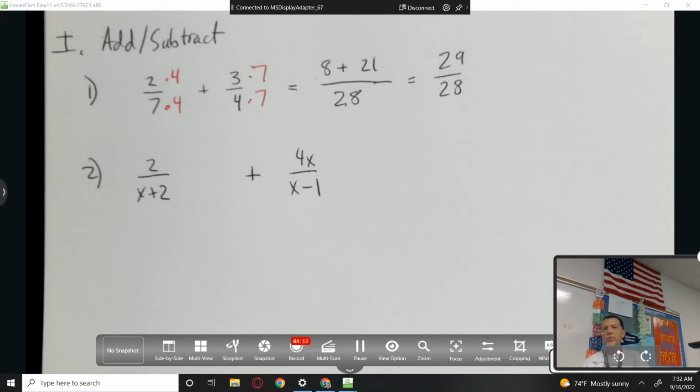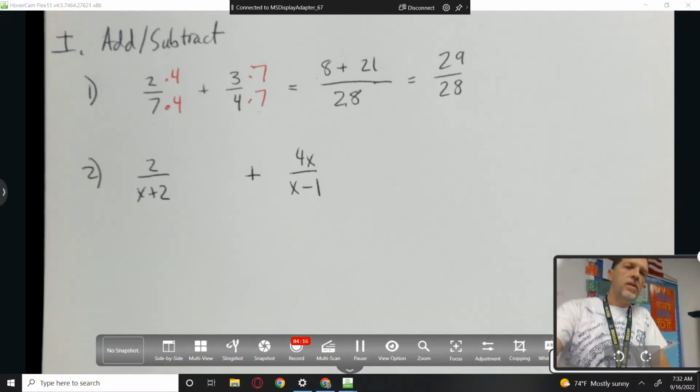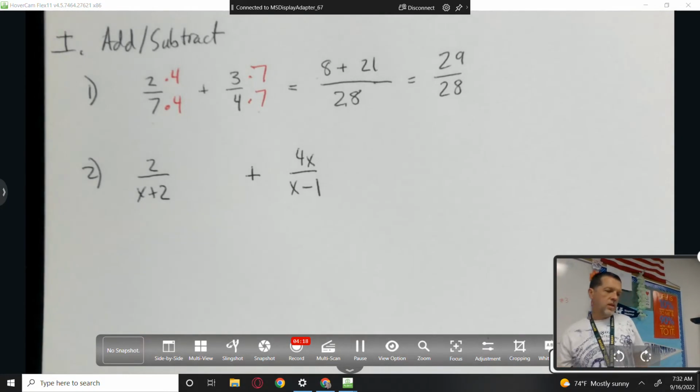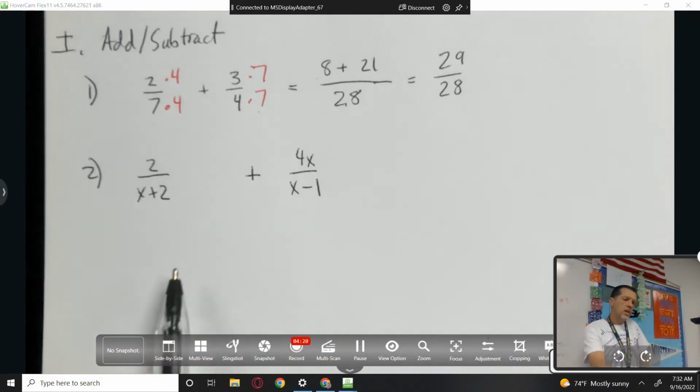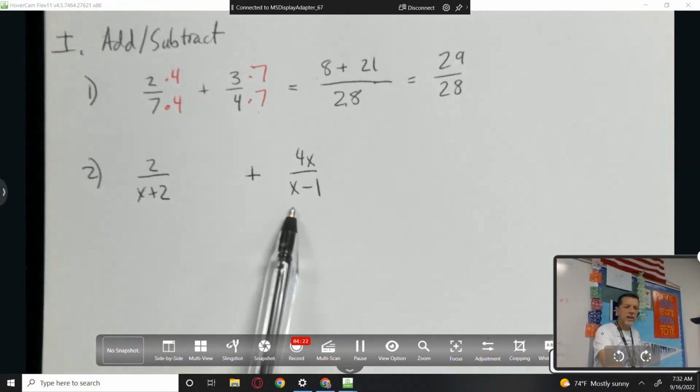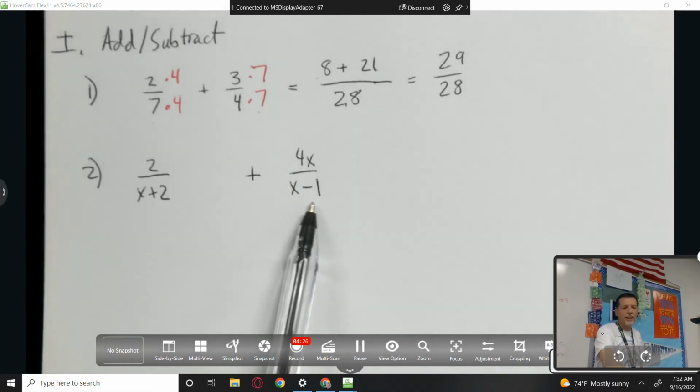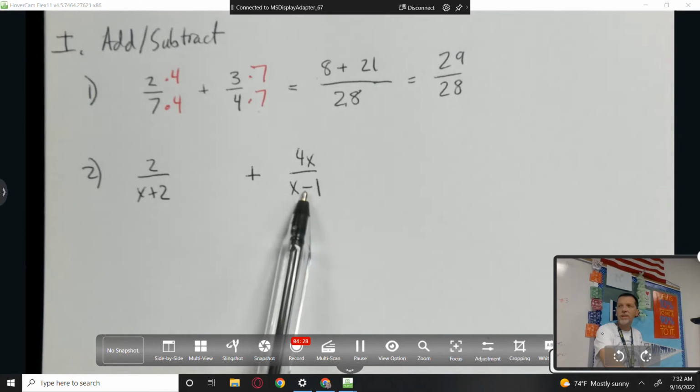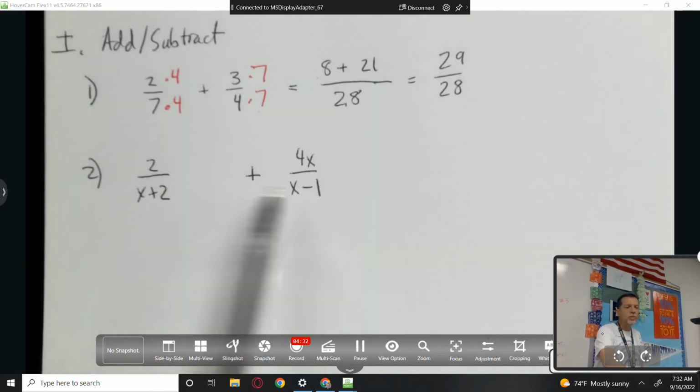So how do we make these denominators match? Multiply. You're right, I multiply. I can't do any adding. Like I can't add 3 to this second denominator to turn it into x plus 2. That's not legal. I have to only multiply things.